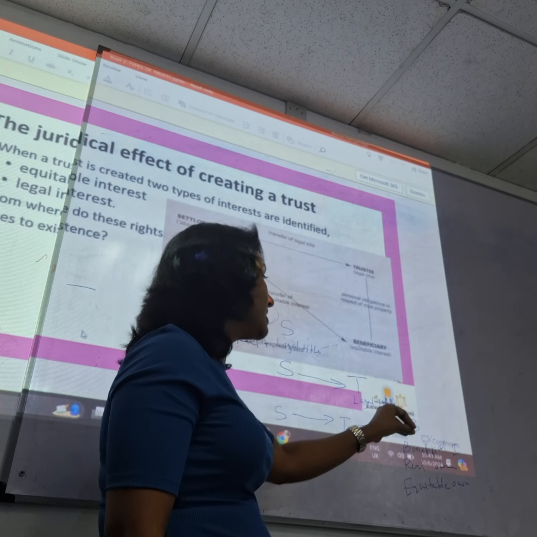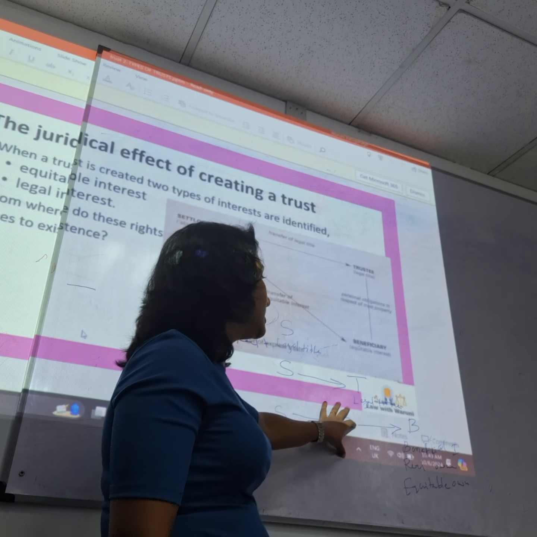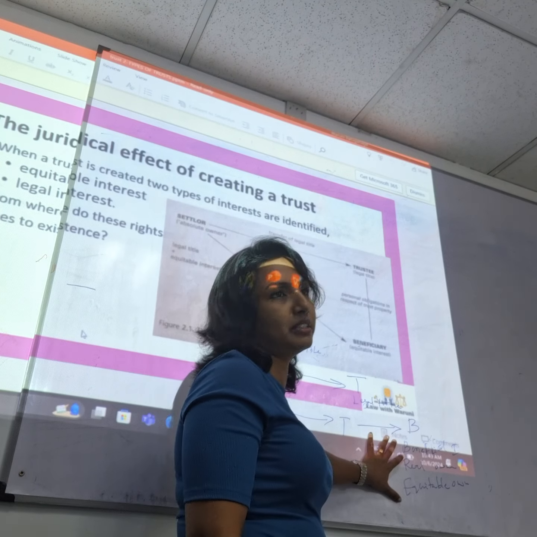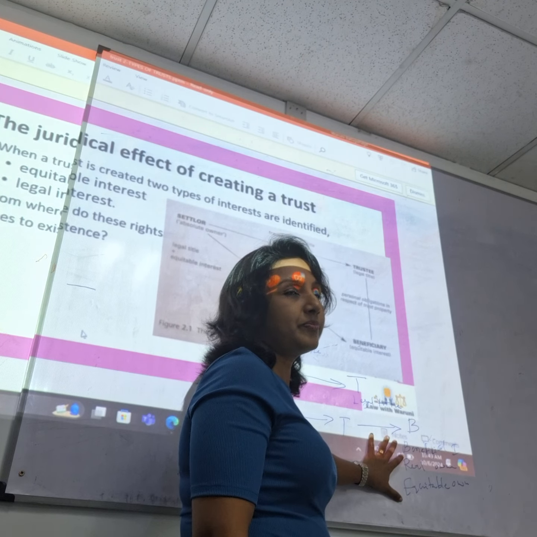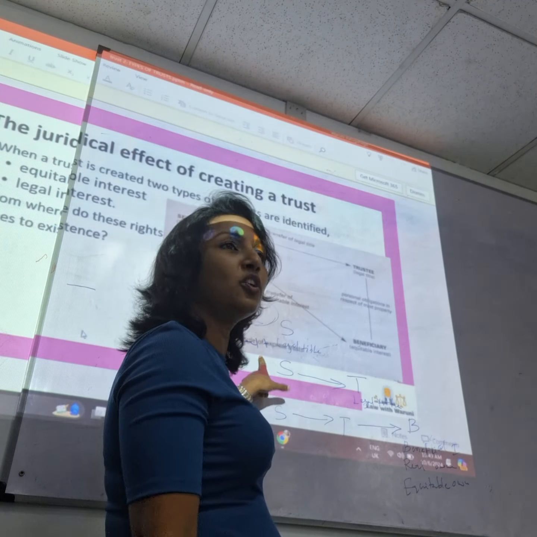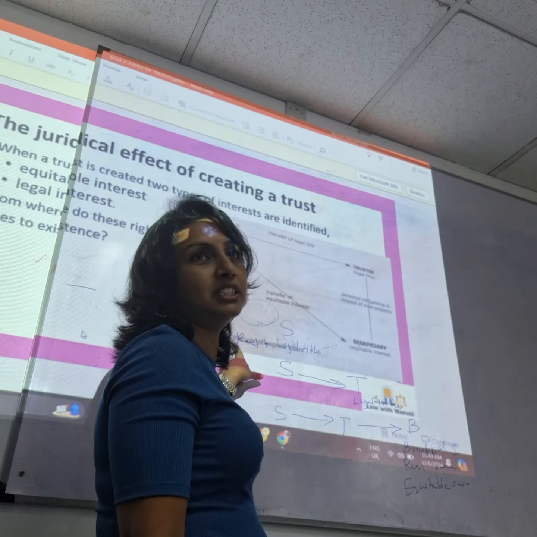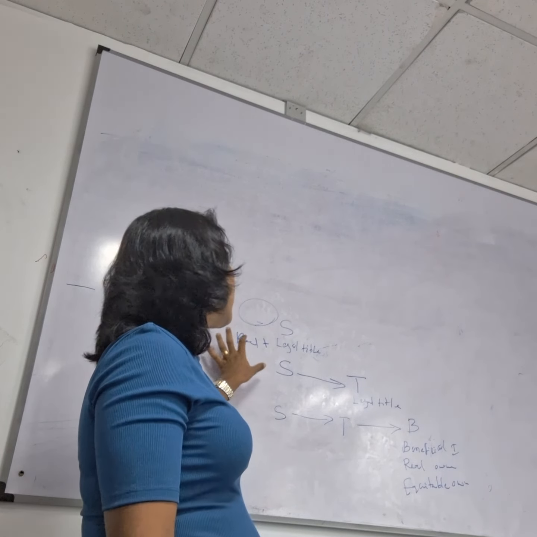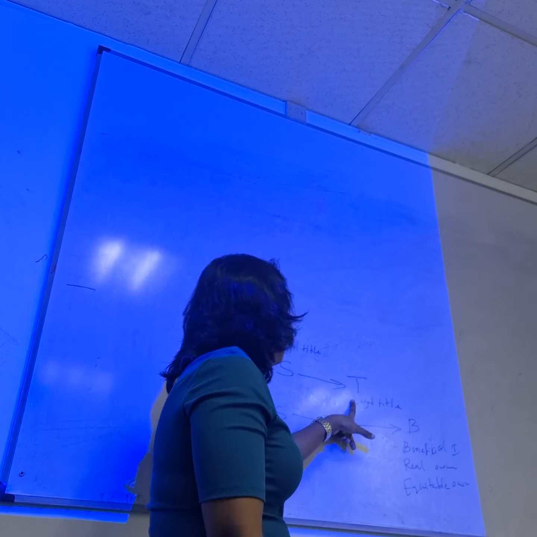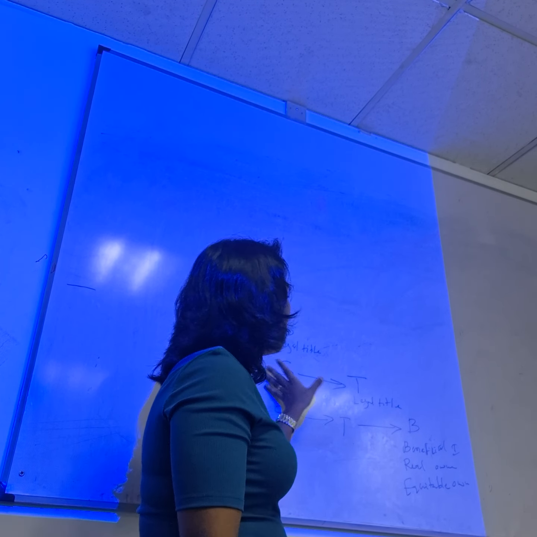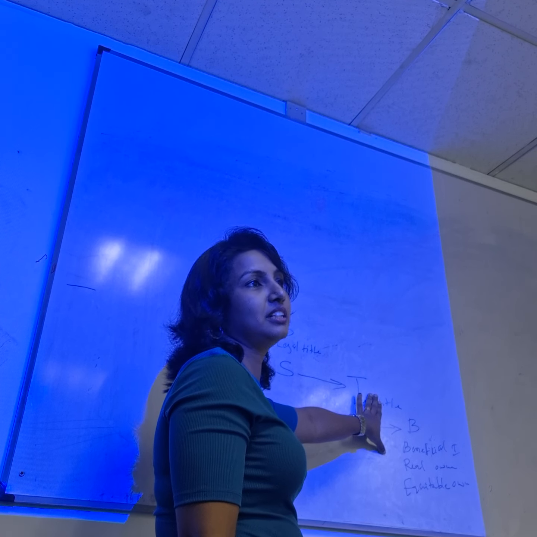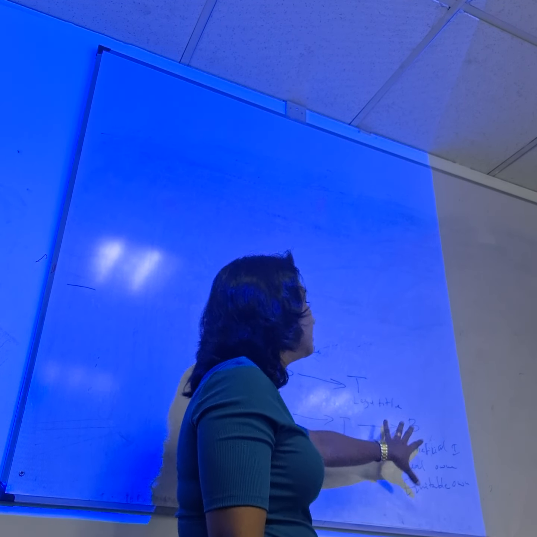But equity recognized that when everything was handed over to the trustee, a new right arose on behalf of another person. Clear? Equity recognized a whole new right. If this was there earlier, the common law courts would also have understood it. Common law courts did not recognize anything like this. Common law courts said everything is given to the new person, and now everything is with him. Common law courts failed to identify the third party.